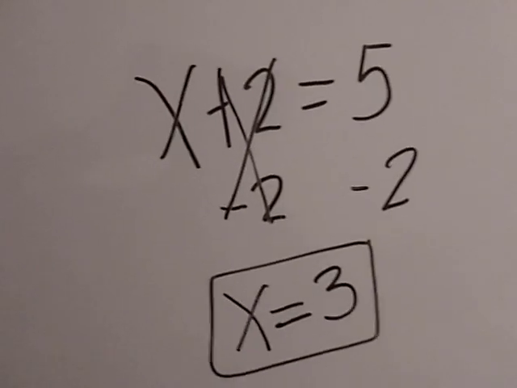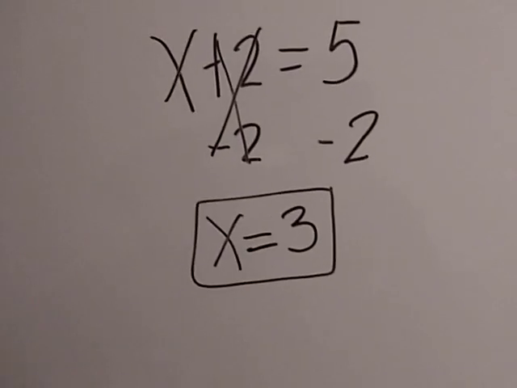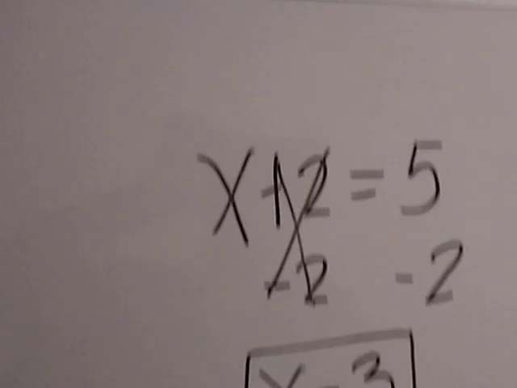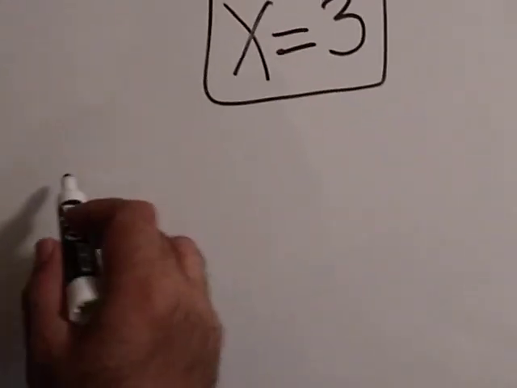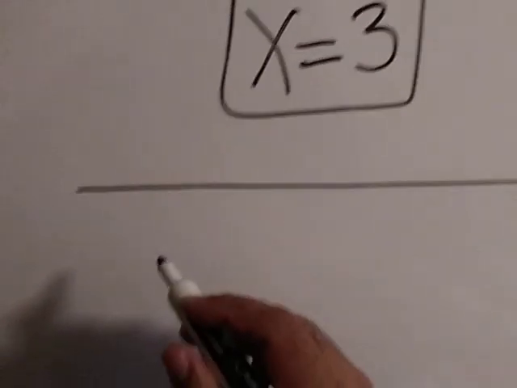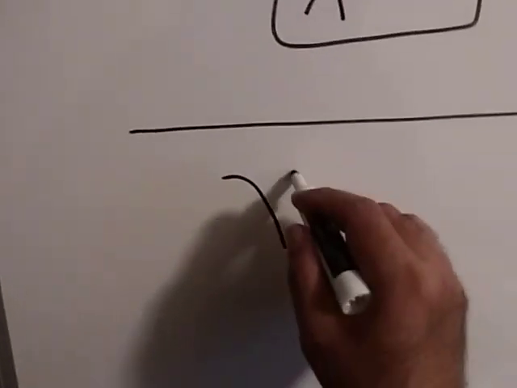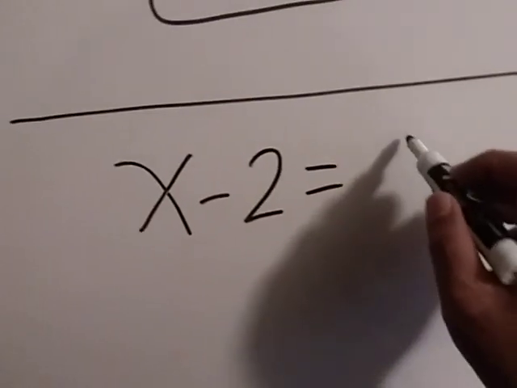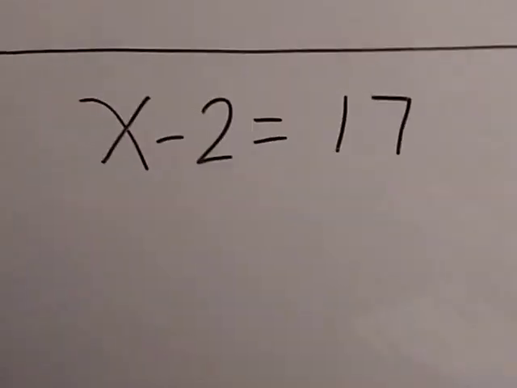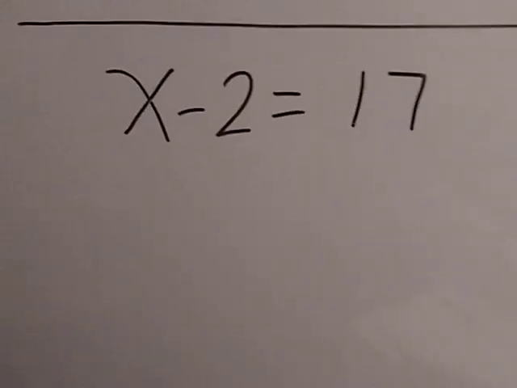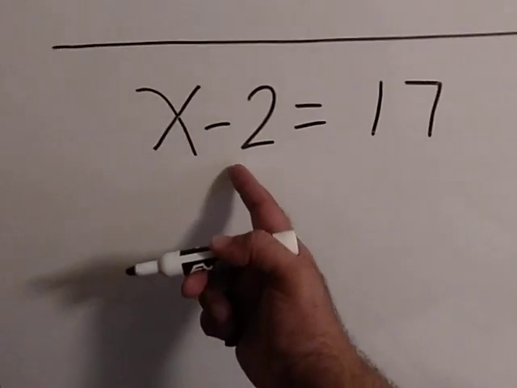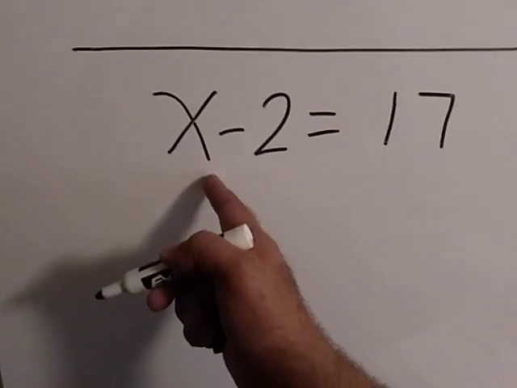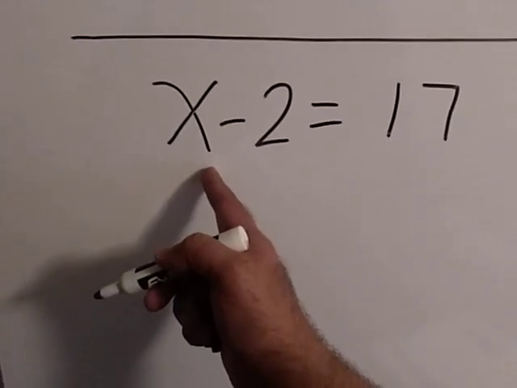Single step equations are fairly straightforward. They can involve either the addition principle, such as in this case we had a plus 2, or they could also be with the subtraction concept, which is x, for example, x minus 2 equals, let's say, 17. In this case, we have a minus 2 on the left side of the equal sign, which is preventing us, I guess you can say, from isolating the value of x.